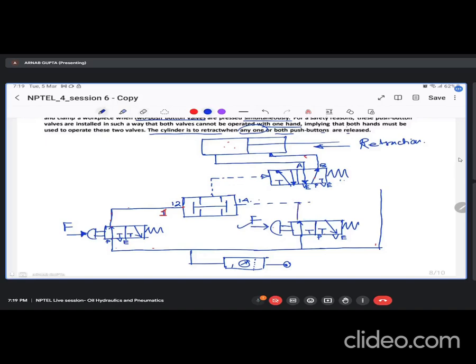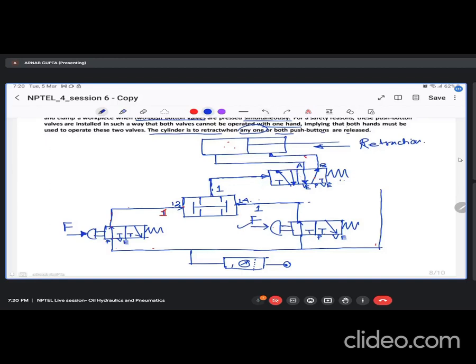Now from both 1.2 and 1.4 you have fluid power, that is, the air is coming in. So this particular shuttle valve, with both 1 and 1, acts like an AND gate as I said, so the output will also be 1, that is, the flow will take place now, right? So now this particular cylinder position will get activated, right?